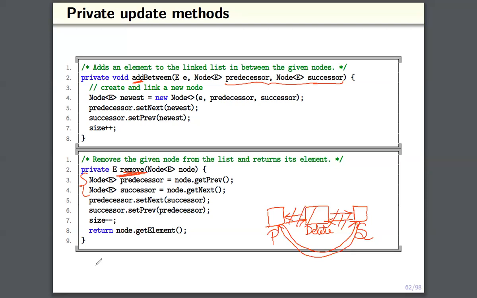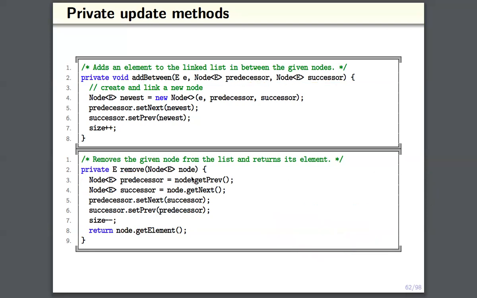Professor, in add between, so we're going to do this. I guess we're going to do the searching for the predecessor and successor outside of this method. Don't worry about it. So assume that you are already given the predecessor and successor. Assume that there is no searching here. Okay. See, here, whenever you are given a function, you need to assume that the input is already given to you.